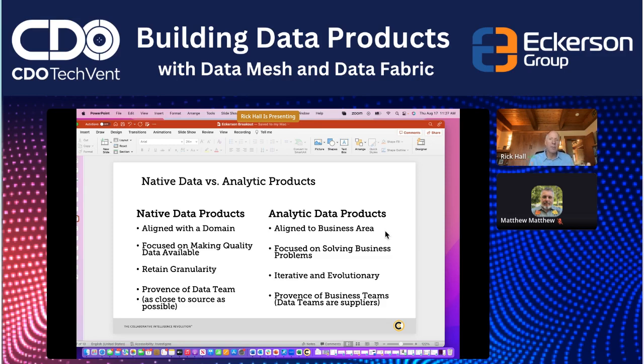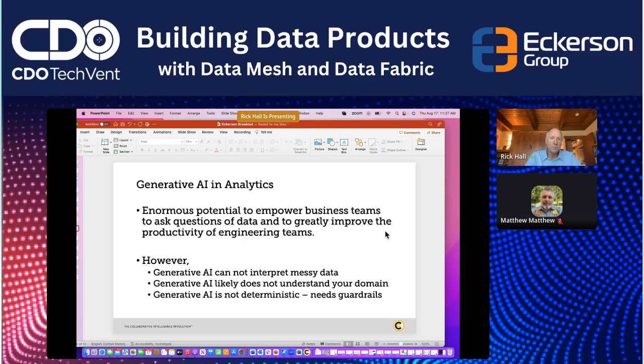So when we think about implementing a data product strategy, we start by making native data products available. And then let's think about how we can create collaboration, reuse and sharing to start to build business value and domain knowledge on top of that structure.